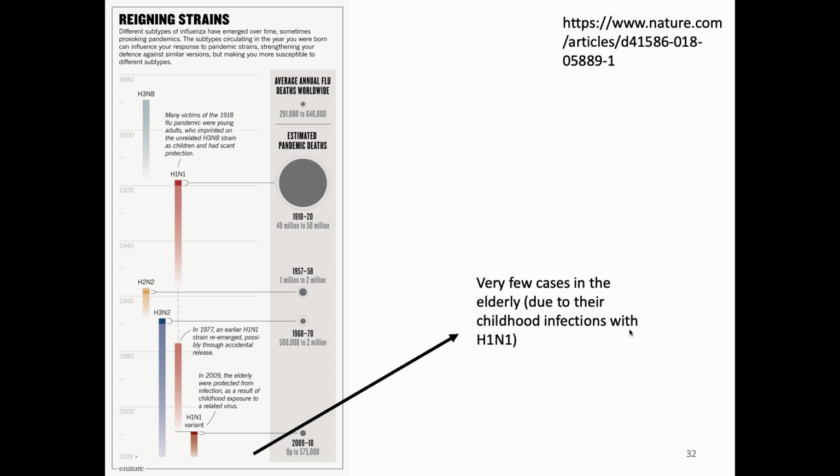Usually a lot of elderly people die of flu, and it was very few people, way fewer than you would have expected. And some of that's because it turns out their first flu was a similar H1N1. So they were actually protected in a way that other people weren't.